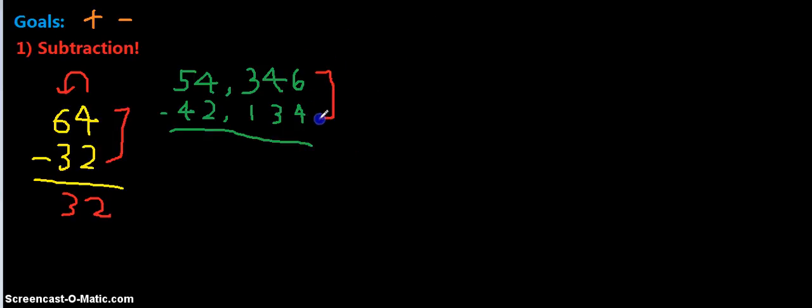So start from here. 6 minus 4 is just 2. Move on to here. 4 minus 3 is just 1. 2 minus 4 is just 2. Comma here. 4 minus 2 is just 2, and 5 minus 4 is just 1. So 12,212. Pretty weird that I have only 1s and 2s in this answer, but anyways, let's move on.